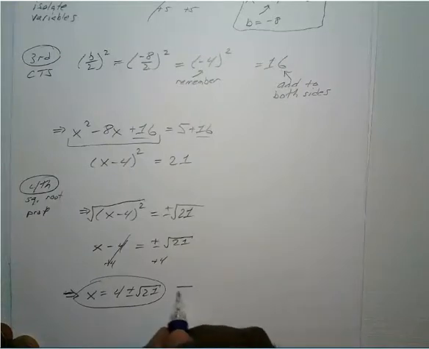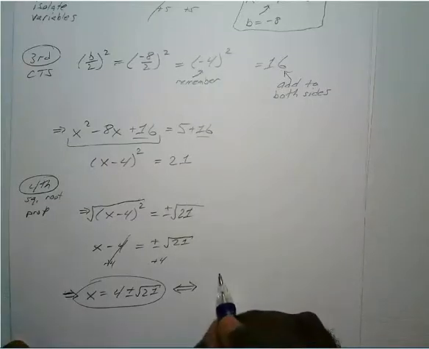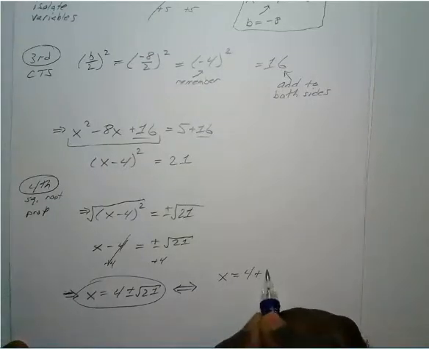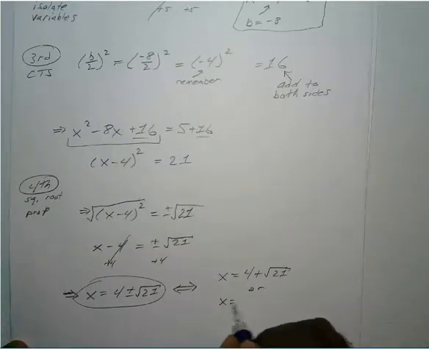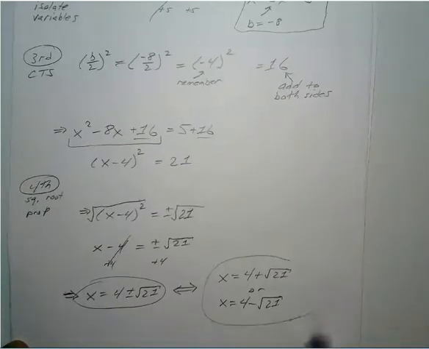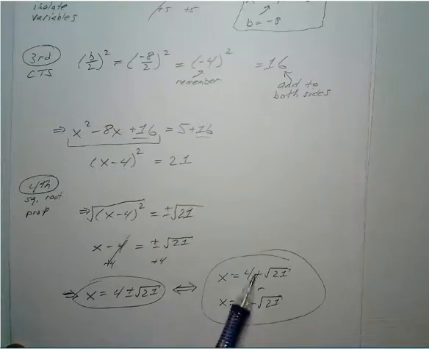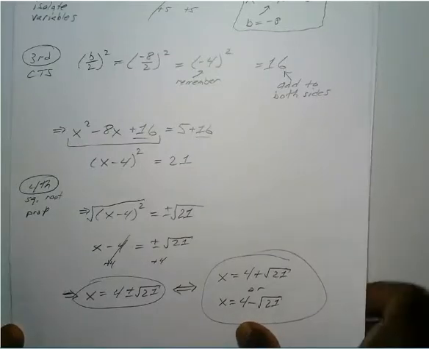Or some of your texts or questions may want it as 2 separate answers, so we'll put it as x equals 4 plus square root of 21, or x equals 4 minus square root of 21. So it can be written as one equation or as 2 separate equations. So those are all of your steps. So let's go ahead to our next example.